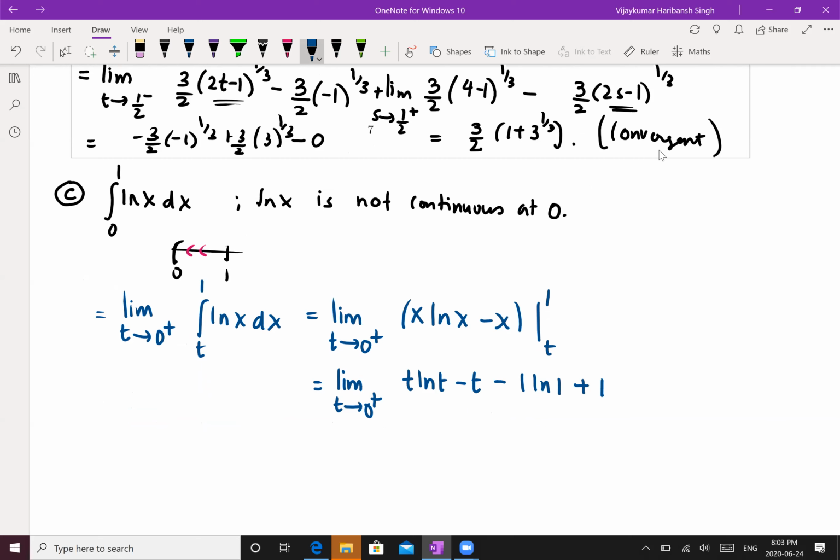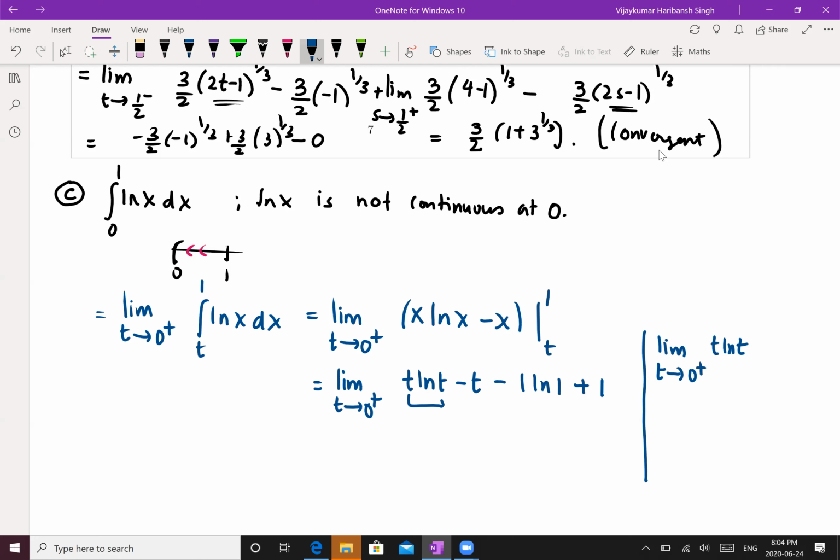So now we have to compute these limits. First of all, let's compute this limit separately here. The limit as t goes to 0 plus of t ln t.